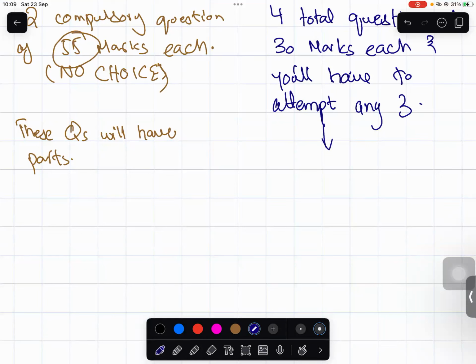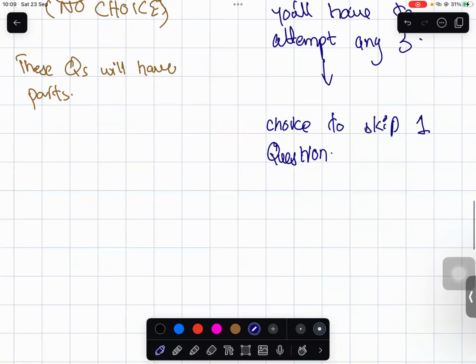So over in section B, you do get a choice to skip 1 question. Okay, so this is basically your exam pattern. Do you have any questions regarding this? Please let me know. No.